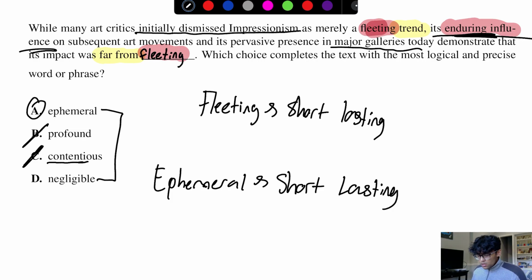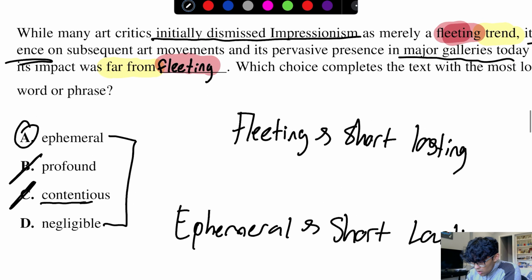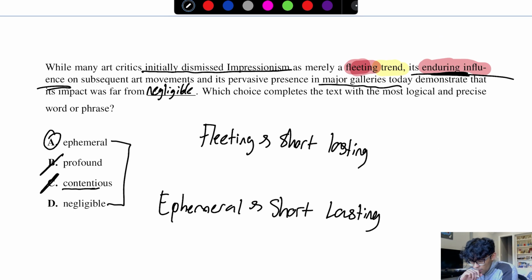But now let's understand why negligible isn't. So negligible also kind of makes sense here, right? So if I delete fleeting, the impact was far from negligible. Negligible. So if the impact was far from negligible, that means that the movement was important. But I think what the art critics are saying, right?